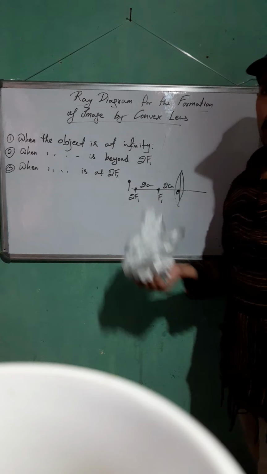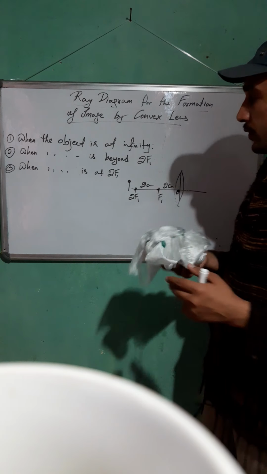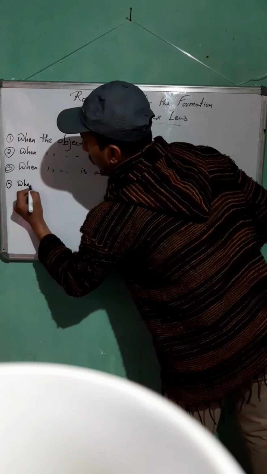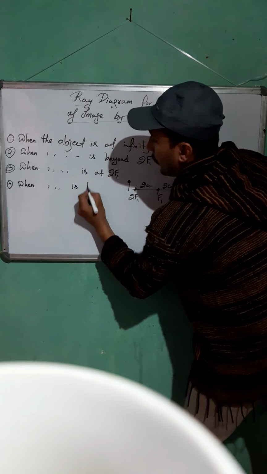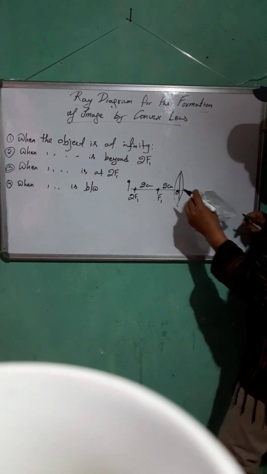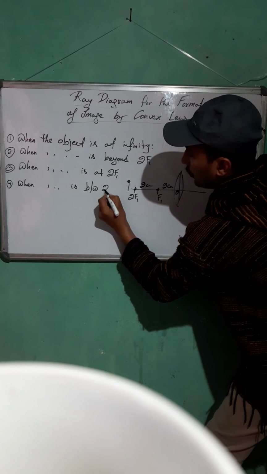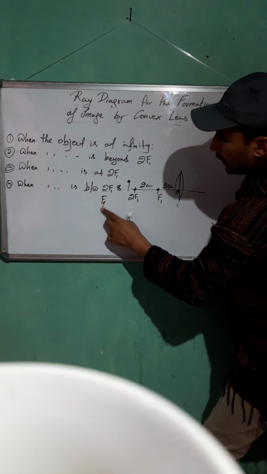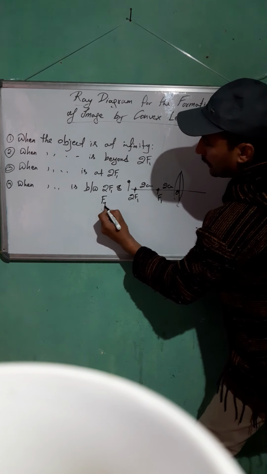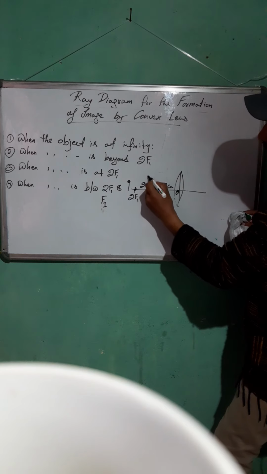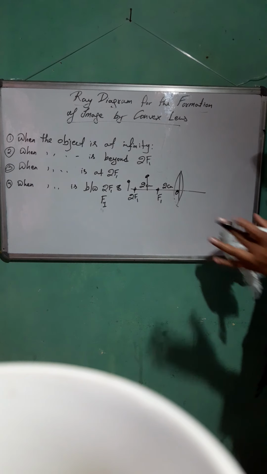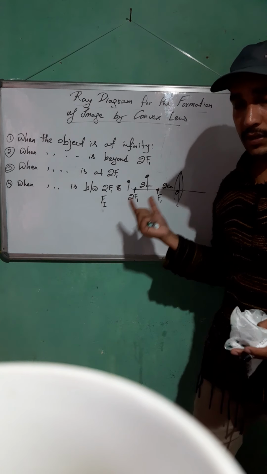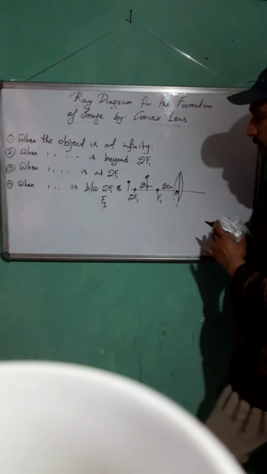Whether it is real or virtual, magnified or diminished, we have to find that. Number 4, when the object is between 2F1 and F1. If you keep the object between these two, where will the image be formed and how will the image look? Whether it is real, inverted, those criteria we have to find.